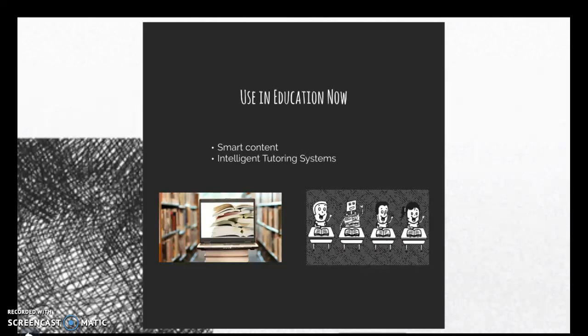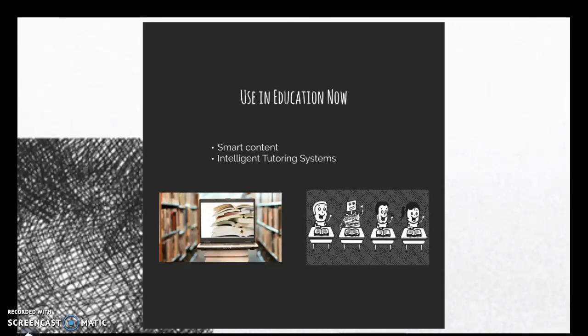We actually use smart content in my classroom that I am student teaching in through a program called Studies Weekly, and in this program the students use an online textbook for their social studies text where they get the text read to them, they can read it themselves, they can highlight it, they can watch videos that are embedded in the text, and then after they're done with the chapter, they actually take the chapter test online.